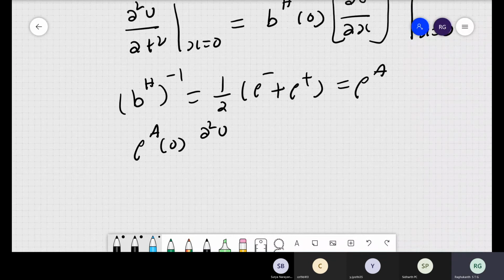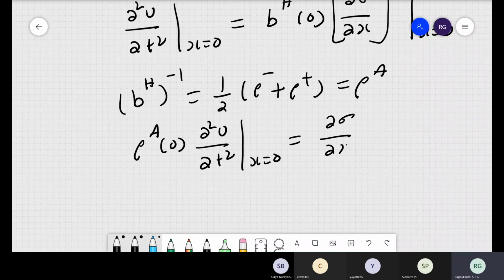So dou square u by dou t square at x equal to 0 is the same as dou sigma by dou x, an arithmetic average actually. So this is how we represent the mediums whenever there is an interface.